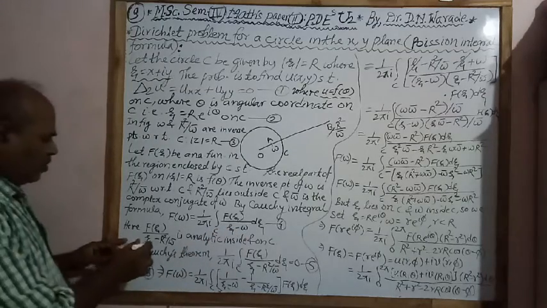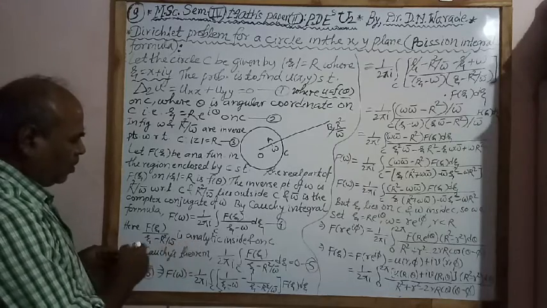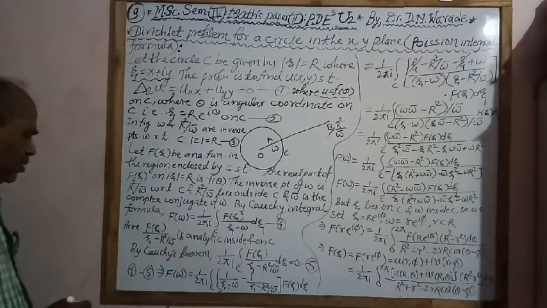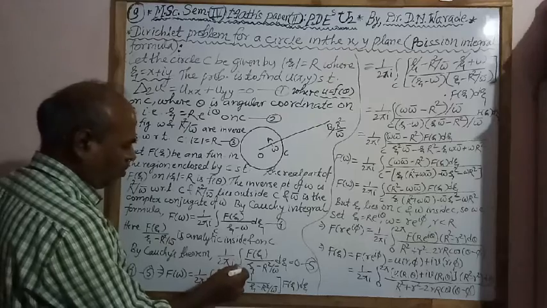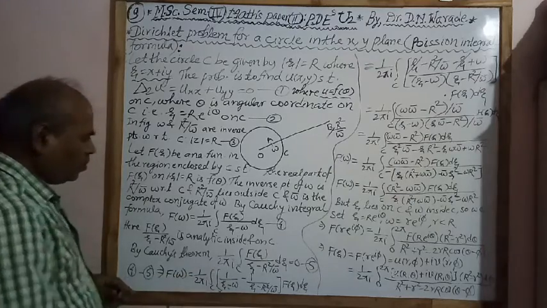Here f of z divided by xi minus r square by w bar is analytic inside and on the circle C. By Cauchy's theorem, we have 1 upon twice pi i integration along C f of z divided by xi minus r square by w bar dz equal to 0.